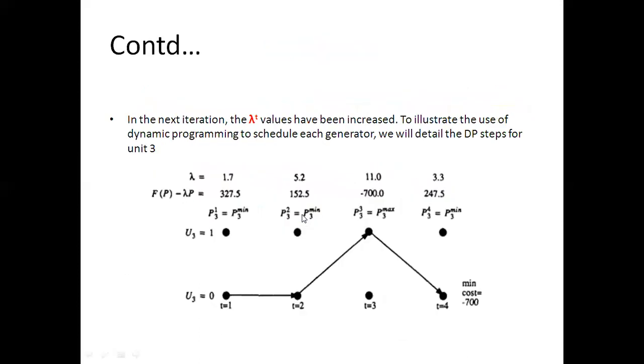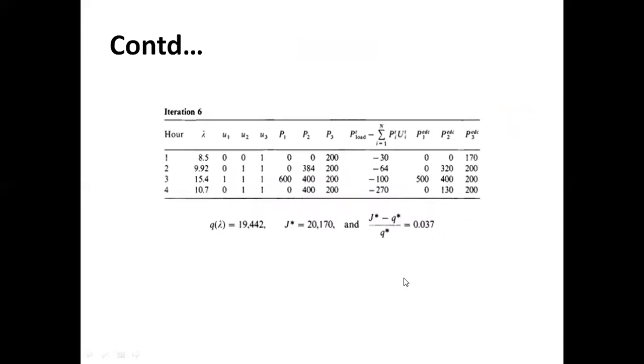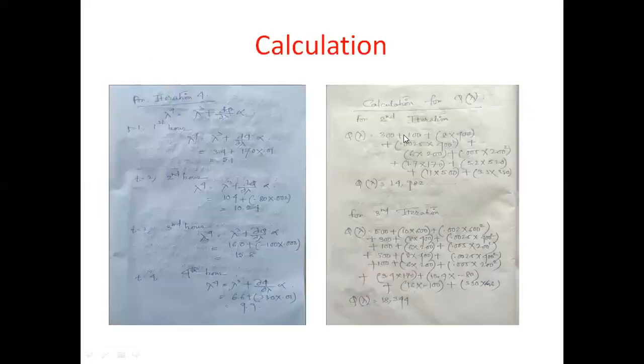We have written those two equations after putting the values of P2 equal to 400 and P3 equal to 200.